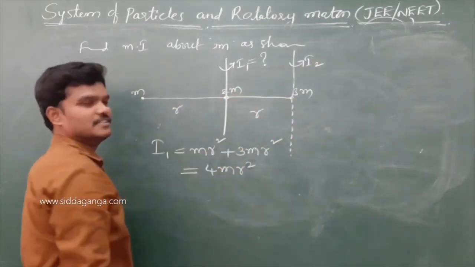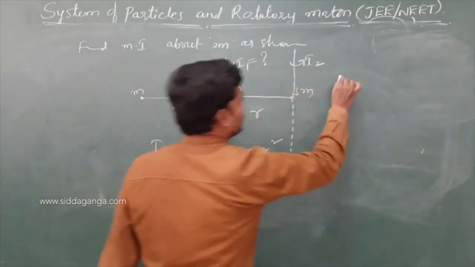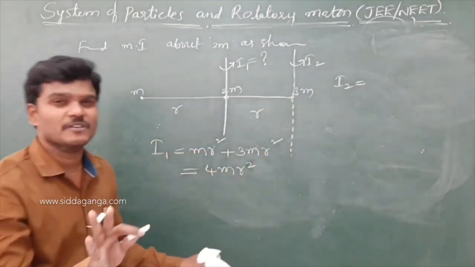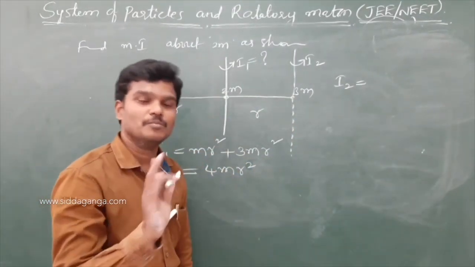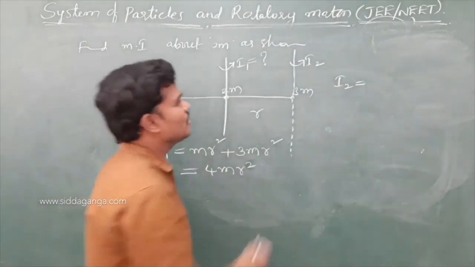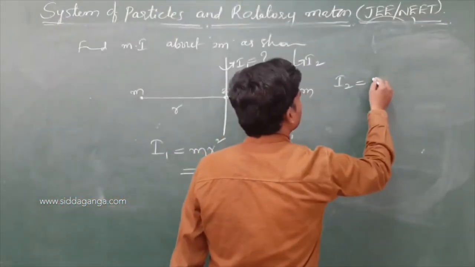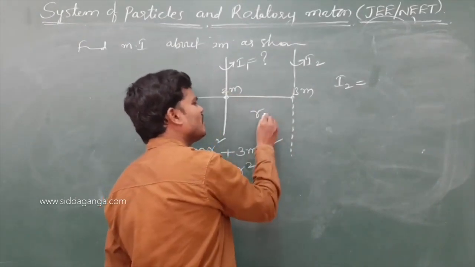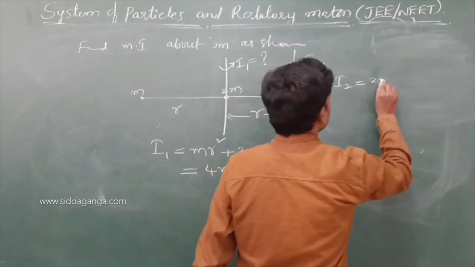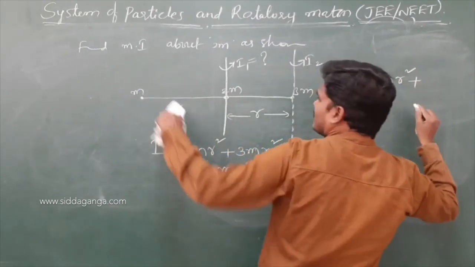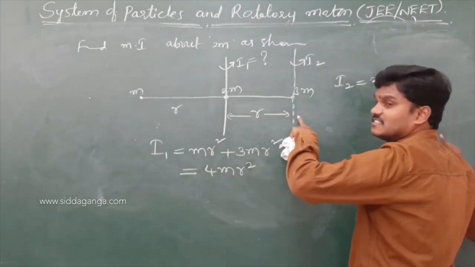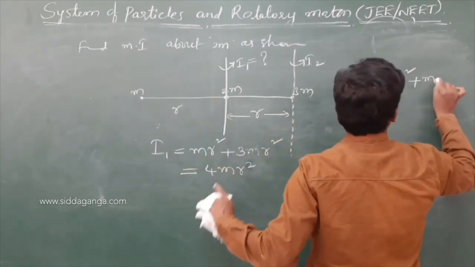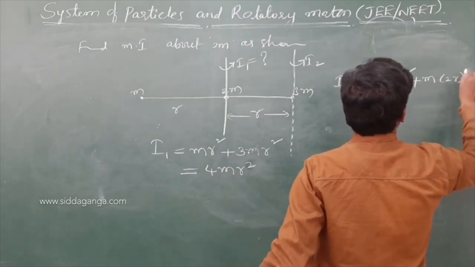About this mass, I2 is equal to 3m times zero, since there is no perpendicular distance, so no moment of inertia. 2m is at a distance of r, so 2m into r square, and m from this axis is at a distance of r plus r, so m into 2r whole square.